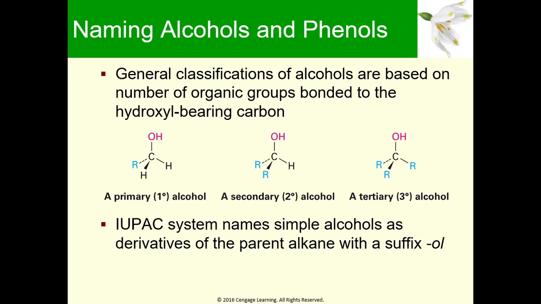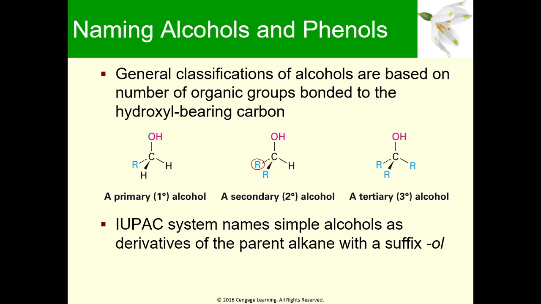So we can classify your alcohols based on the number of organic groups that are bonded to the hydroxyl-bearing carbon. So if this carbon has an OH, that's the hydroxyl group, and then there is another R group, so may carbon dito na naka-attach dito, that is called a primary alcohol.